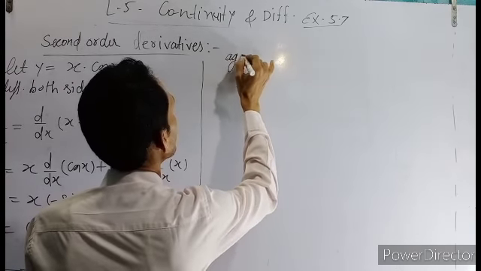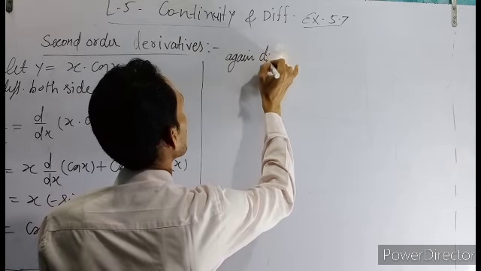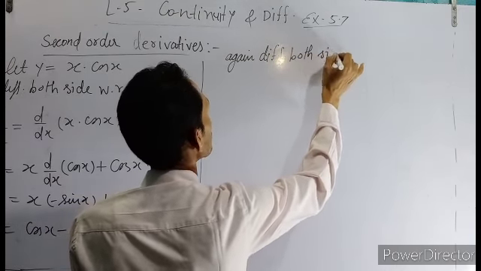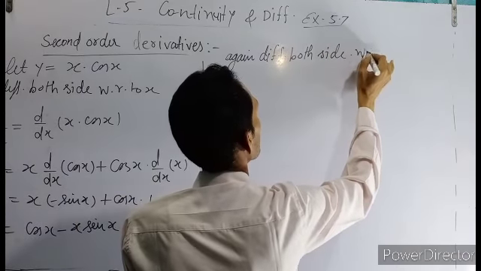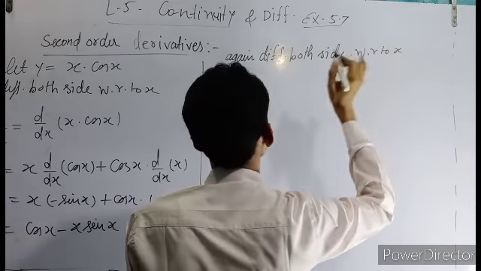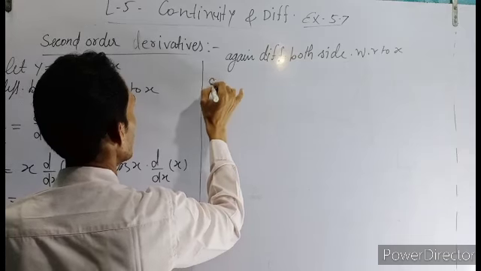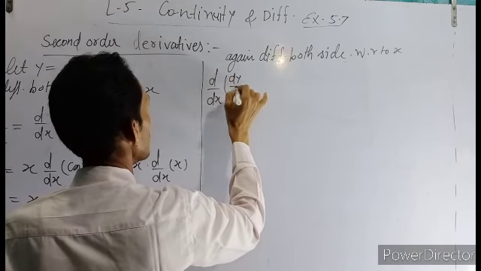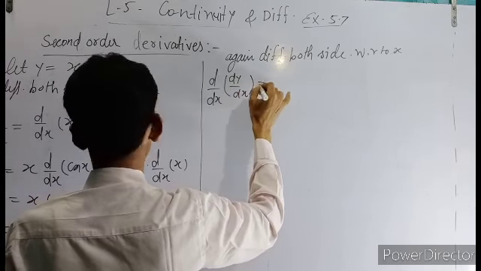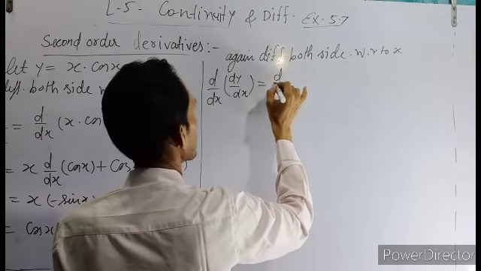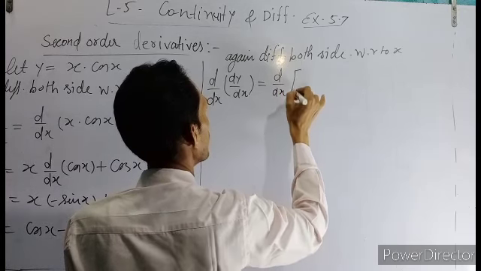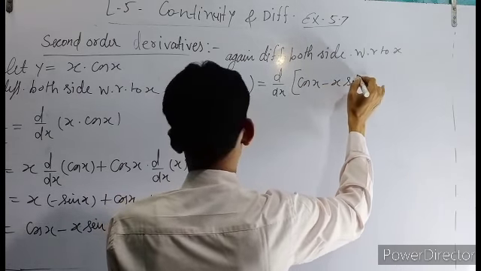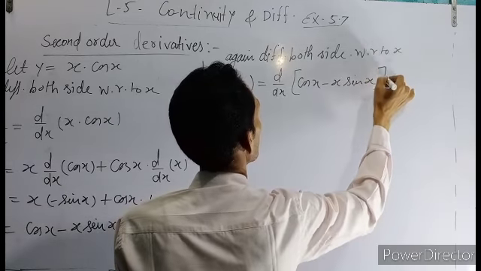So d/dx of dy by dx equal to d/dx of cos x minus x sin x.